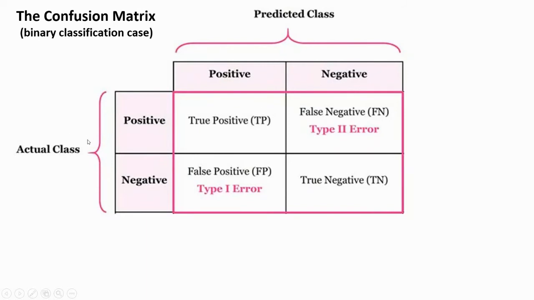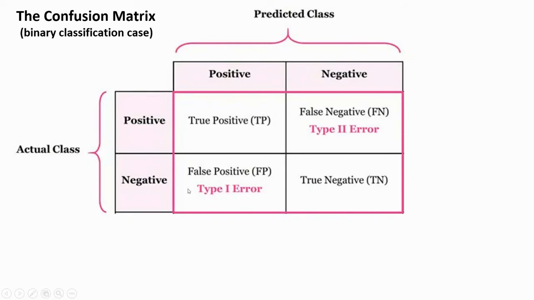One case is it is actually positive and your machine is also predicting it as positive. That is called true positive. Another case is when it is actually positive but your machine is calling it negative because there is a flaw in the training. The machine is not fully trained or whatever be the reason, it is calling it negative. So this is called false negative.